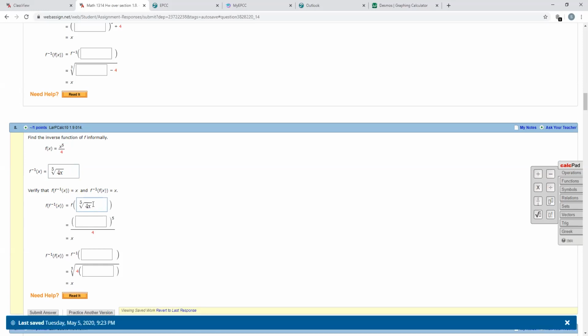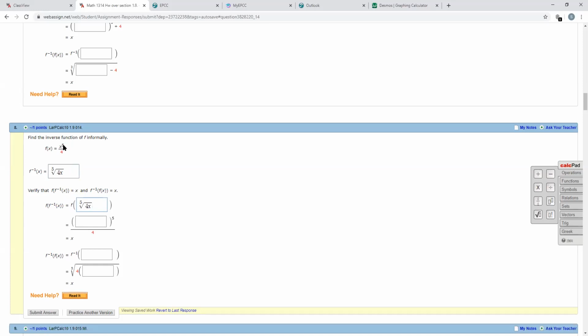And now when you put this into function f, here is function f, but instead of x right there, you're going to put this range expression right there. So the division of 4, see this red division of 4, it's still here.